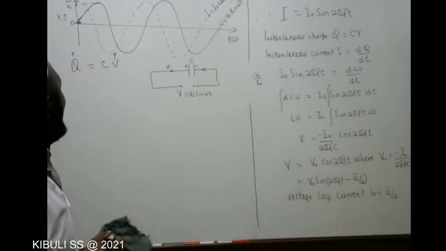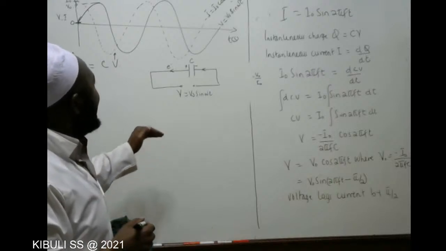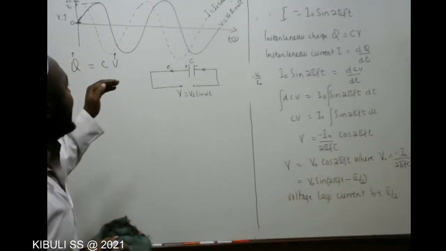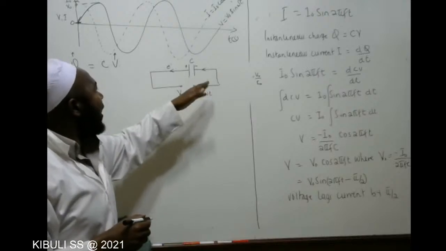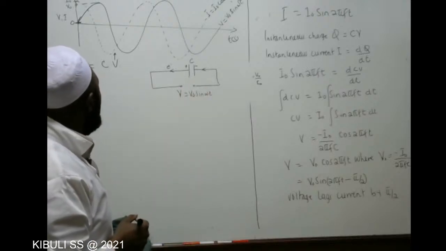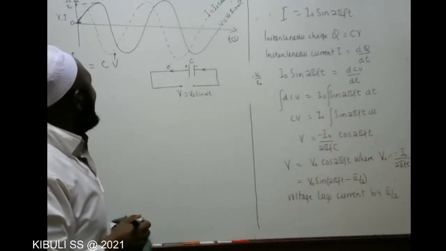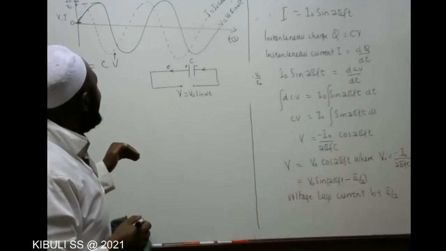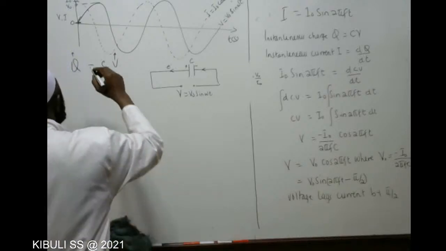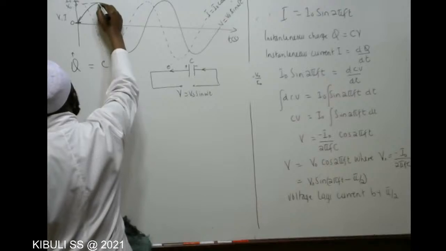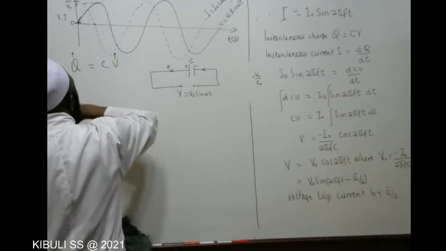And therefore, when the voltage becomes maximum, there is maximum repulsion for the incoming electrons, and once that is reached, current flow becomes 0. So at maximum voltage, the current is 0.